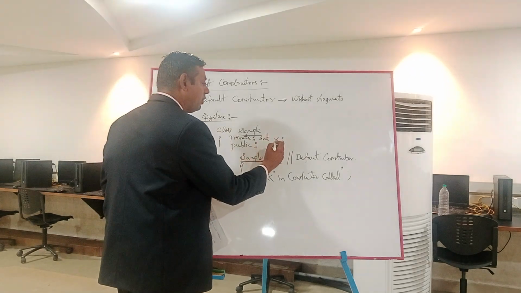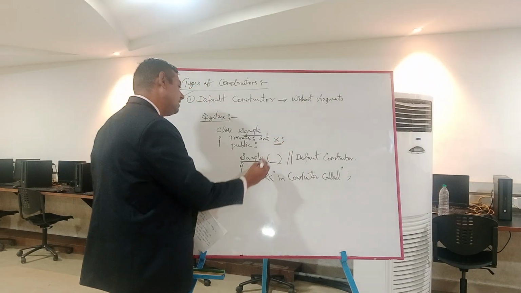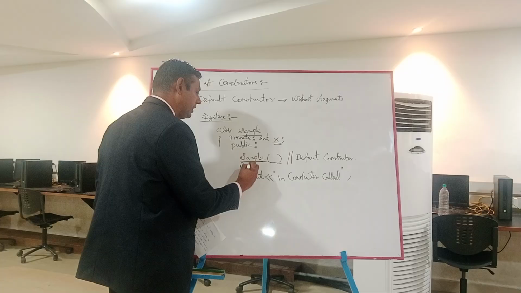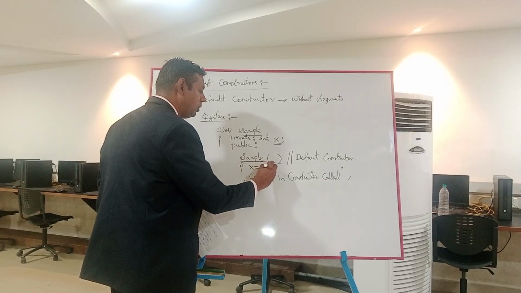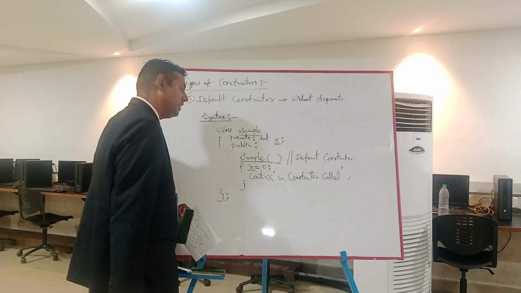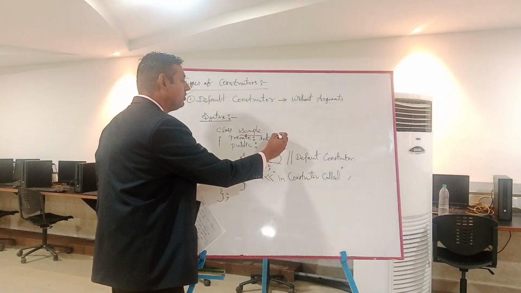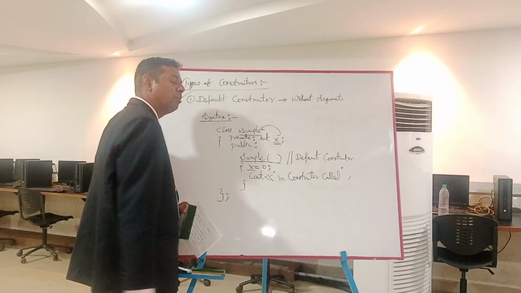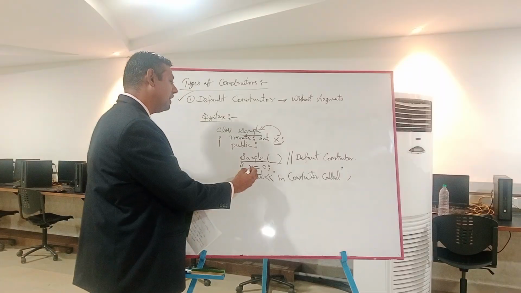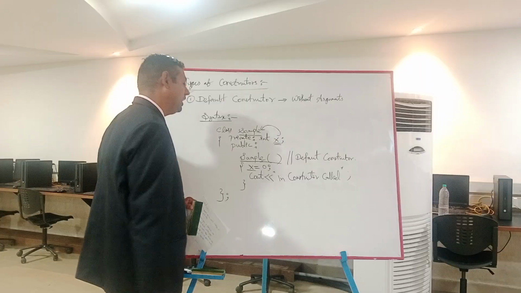So for this variable x, I can assign the value inside the constructor: x is equal to 0. x is the data member of the class sample, and I can assign an initial value 0.